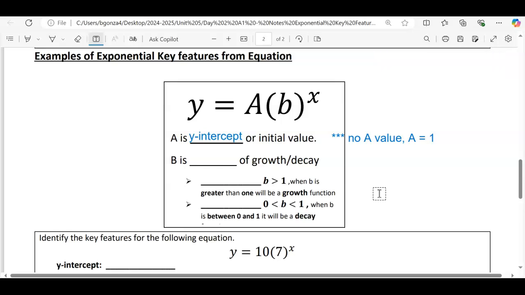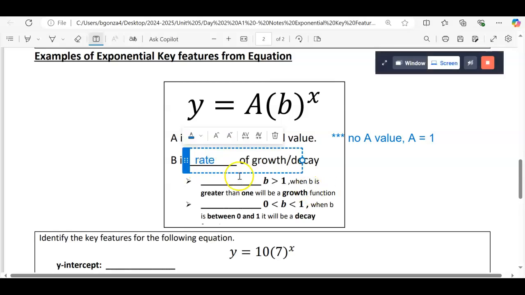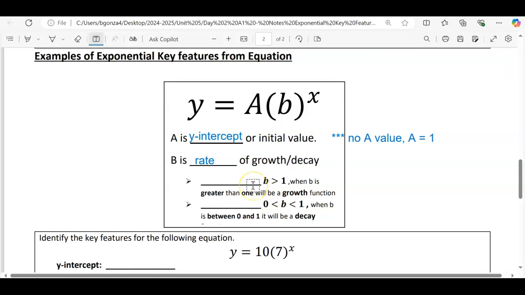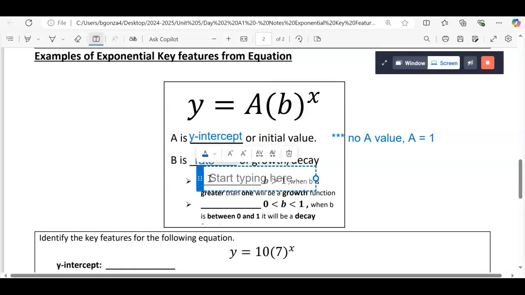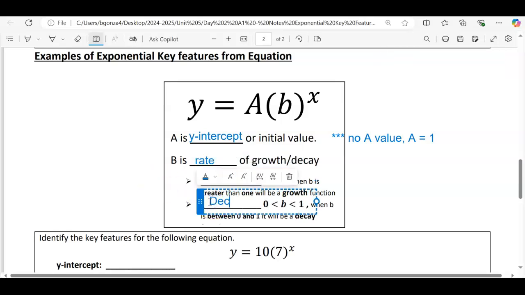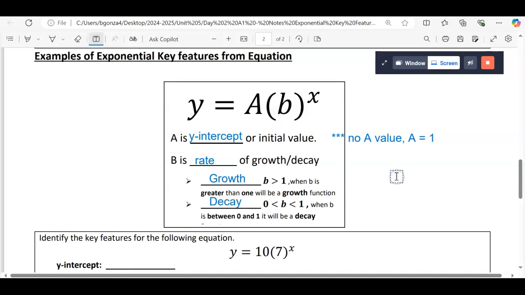Now b, some people call it the base, but what it is, it's the rate of growth or decay. Cool? So this number right here is going to tell you, is it increasing or is it decreasing? And here's what you got to know. Growth and decay.